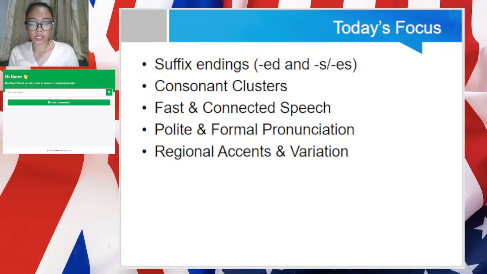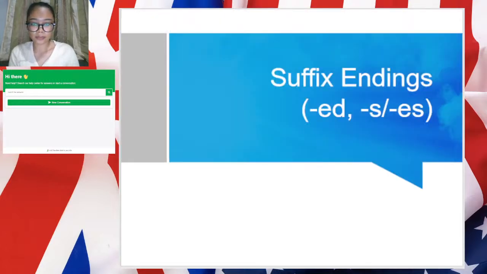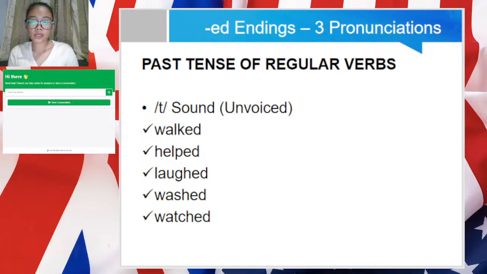Let us start with suffix endings like ed and s or es. Let's start with the first suffix, which is the ed. Now, in here, we use this particular suffix ending for the past tense of regular verbs.